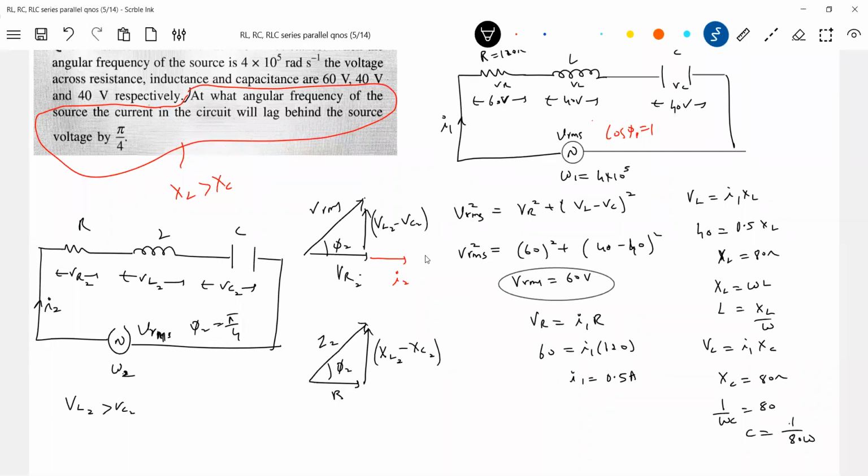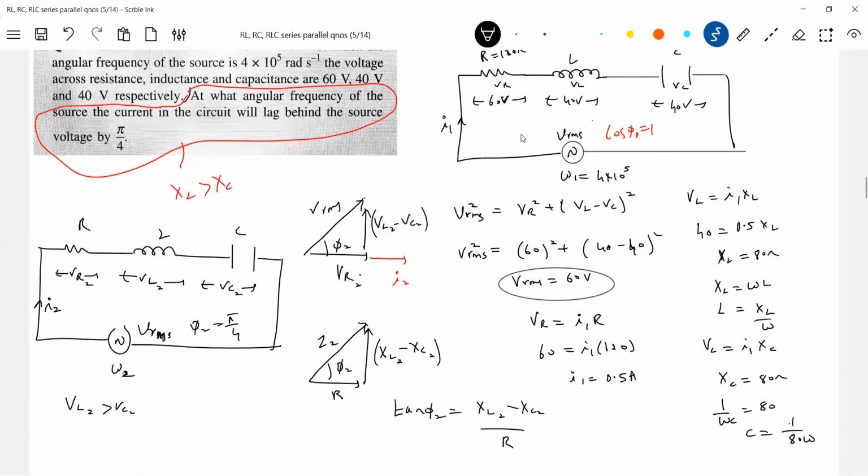Okay, this much of mathematics is what we can do. So tan phi 2, I directly go for (XL2 minus XC2) by R. Do we know R?